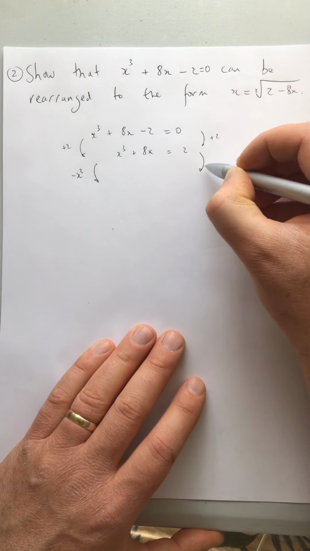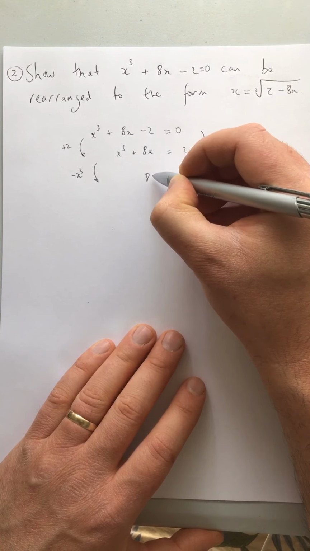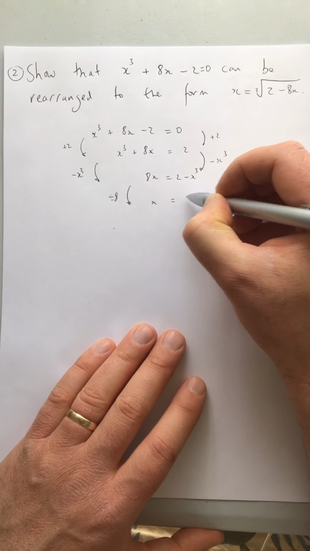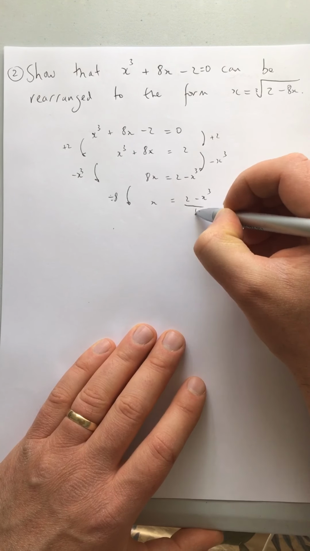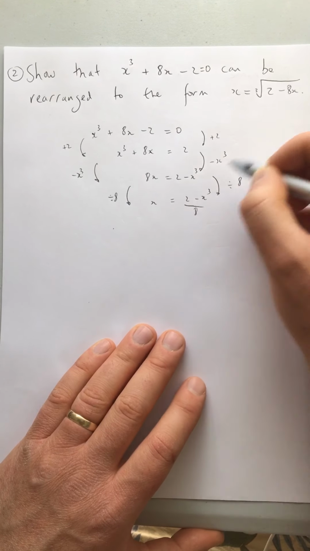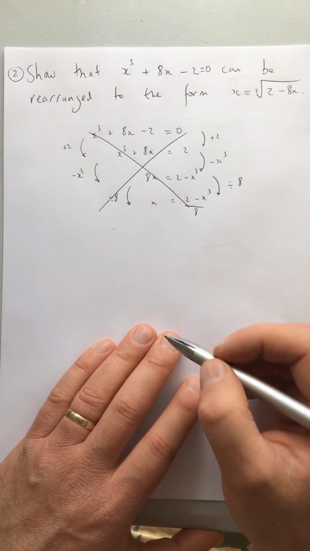Take away x cubed, take away x cubed. I've got 2 minus x cubed equals 8x. And then divide through by 8. And I've got x is equal to 2 minus x cubed over 8. And you can see that that looks nothing like that. So clearly that's wrong. So I've been rearranging for the wrong x.